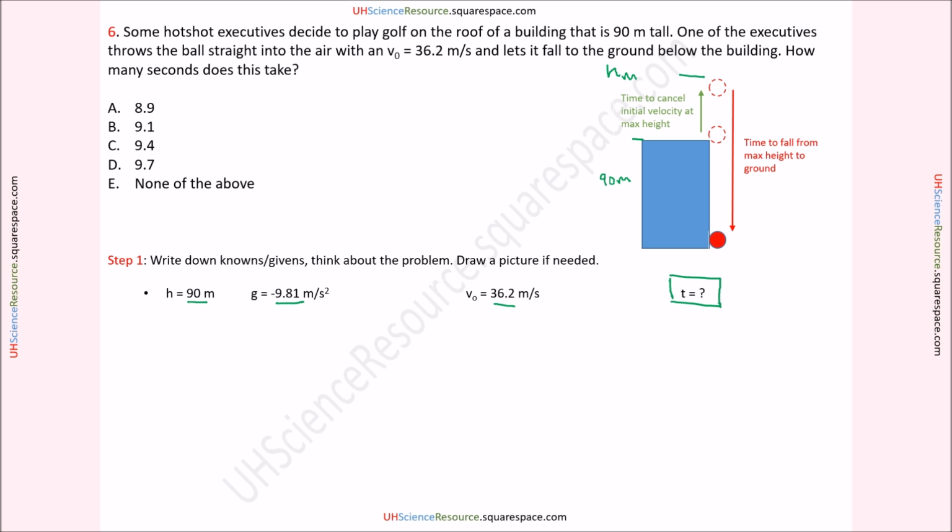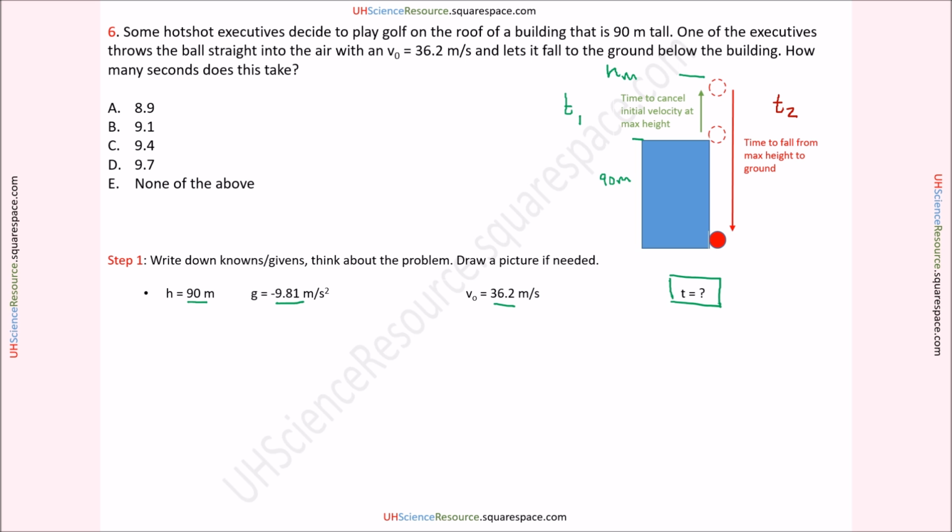So we can say that this is going to be the time it took to fall from its maximum height to the ground. So let's say that's T2. And then let's say the other one is going to be T1. And if we add T1 and T2 together, we're going to get the total amount of time it took.